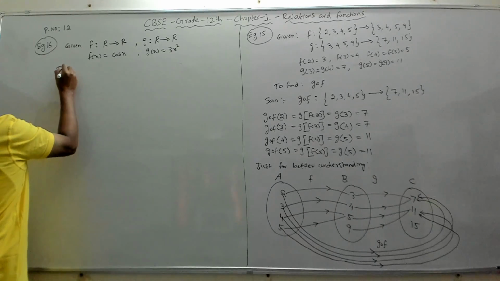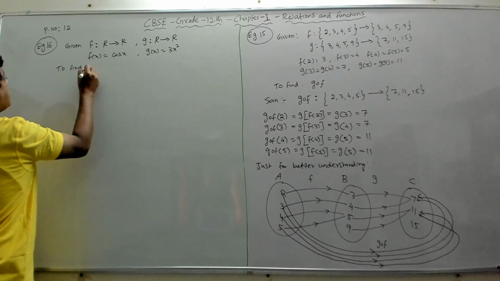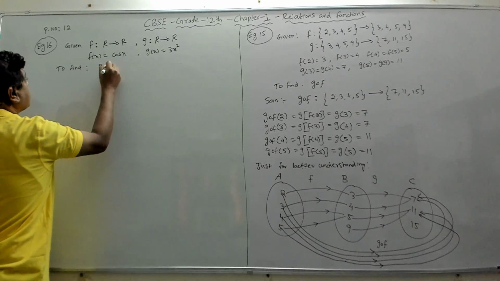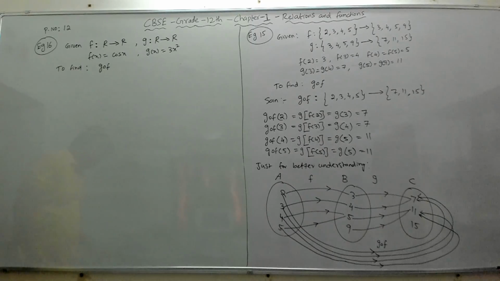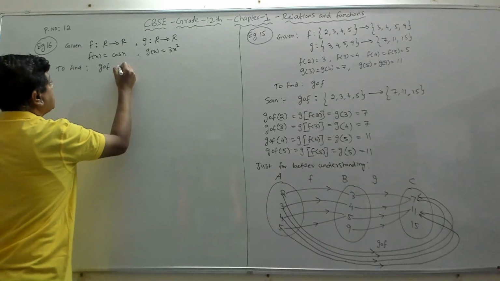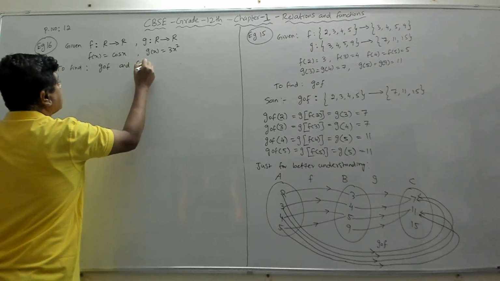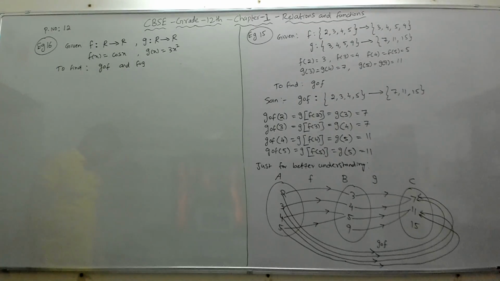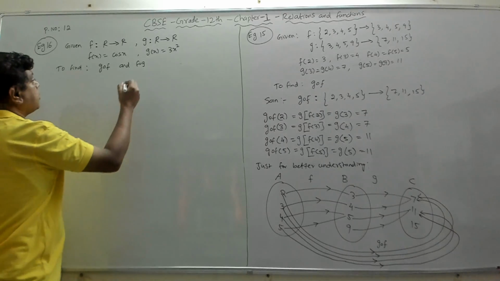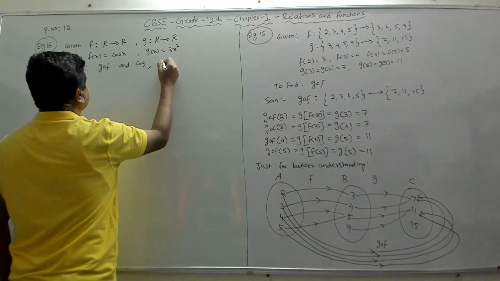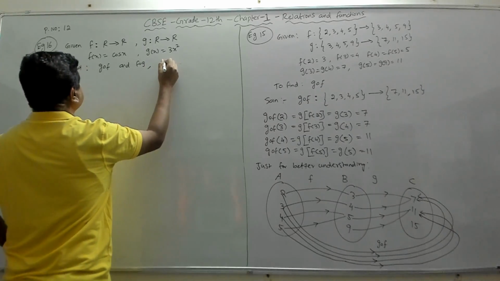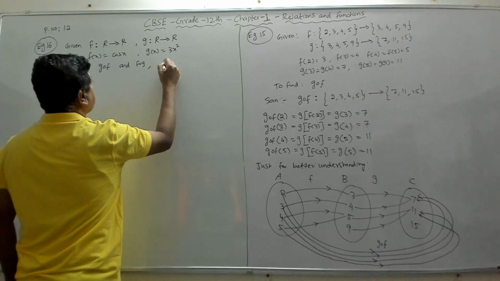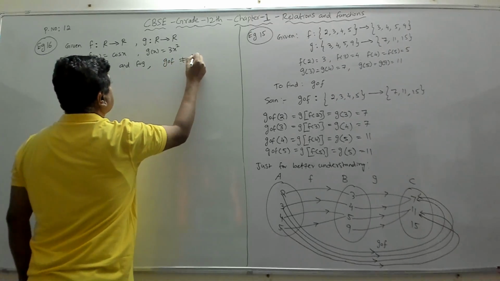We have to find g of f and f of g. And also we should show that g of f is not equal to f of g.